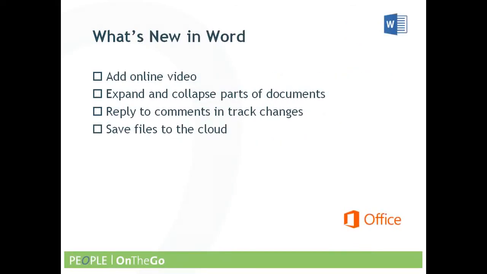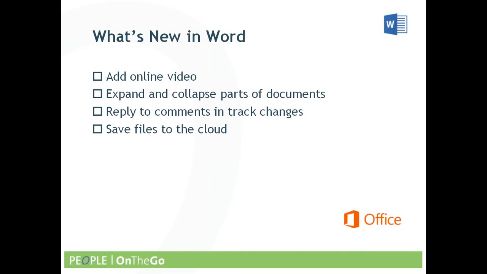So at this point, I want to discuss just briefly a few of the new features that are in all of these different software items. Unfortunately, in a brief time, we don't have time to go over all of these, but I want to make sure that we're aware of some of these key new features. The first of which is add online video.